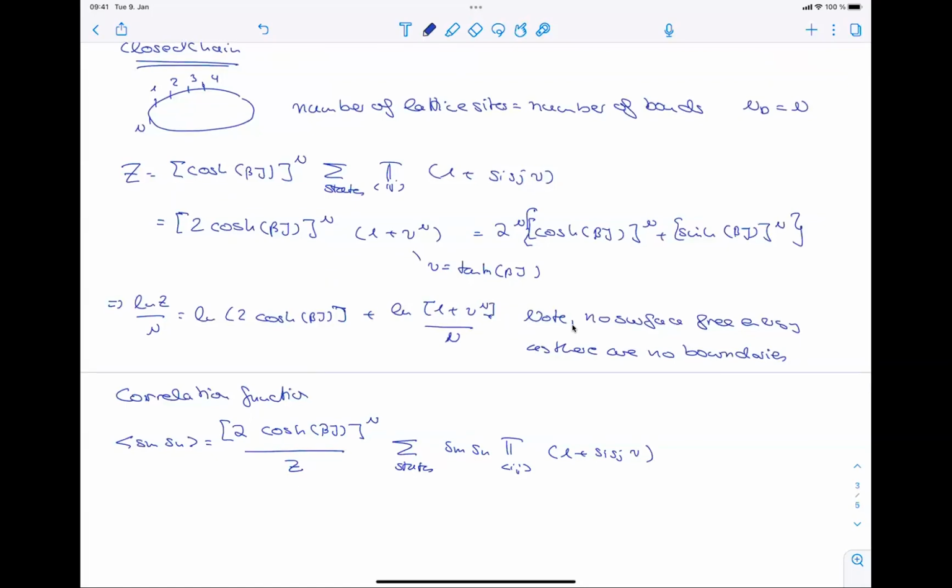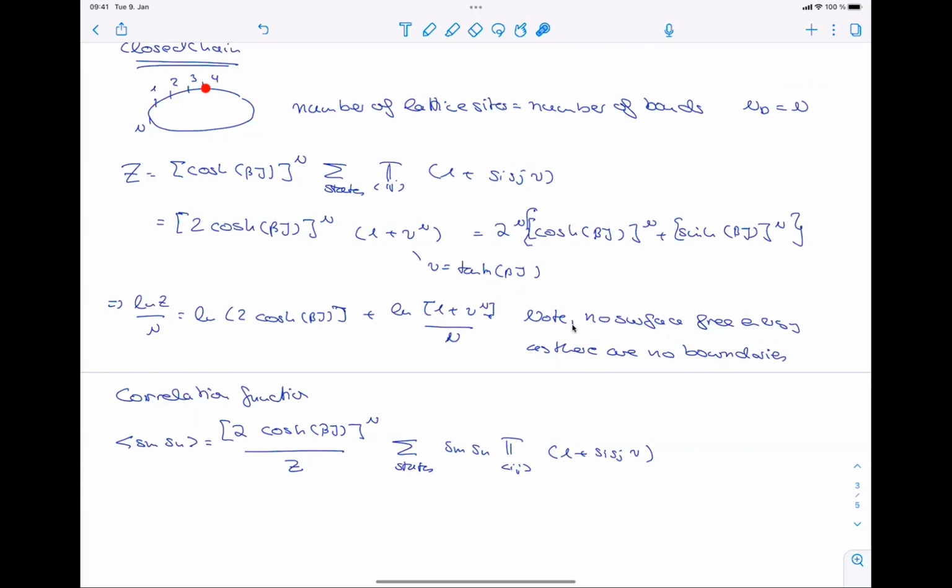And so what is different now? The one difference that comes in is that on the loop, say m is 1 and n is 4, I can find a graph connecting these two lattice sites that goes this way.